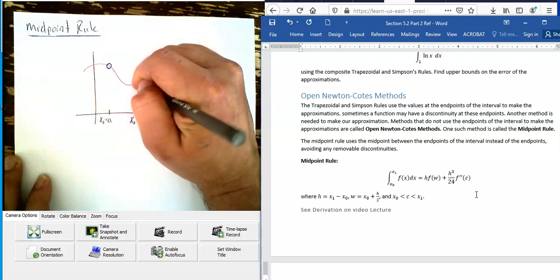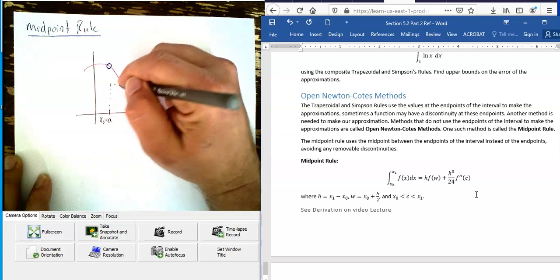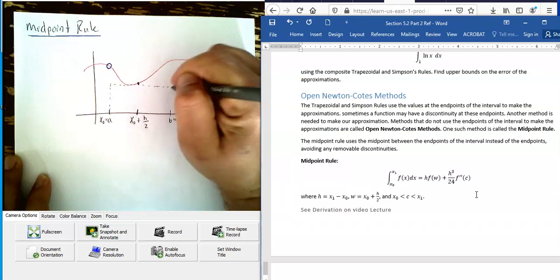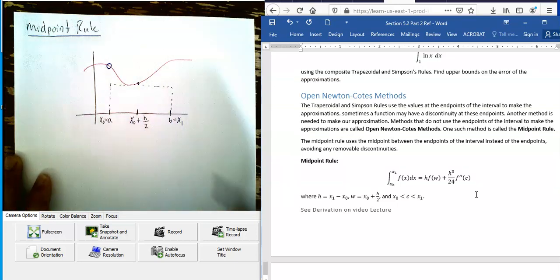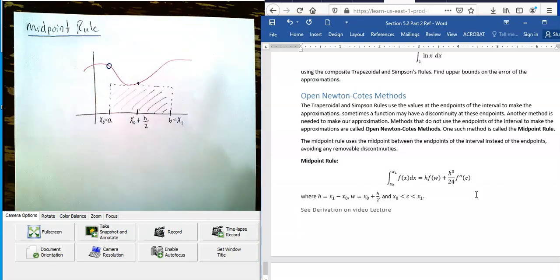Then we utilize a rectangle to generate the area approximation for our method.